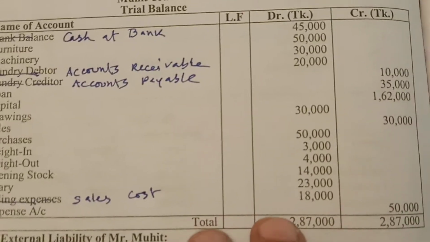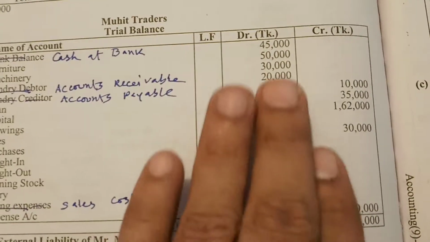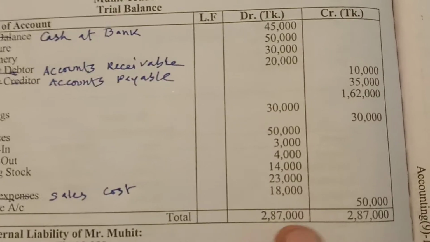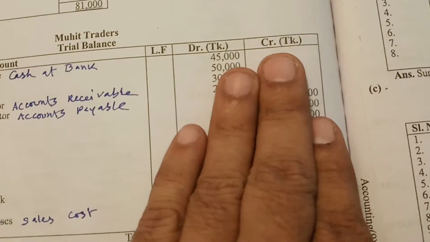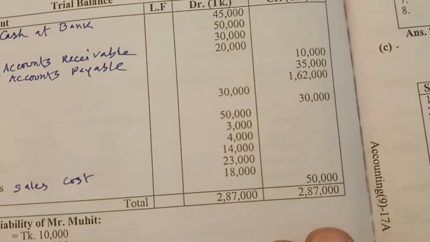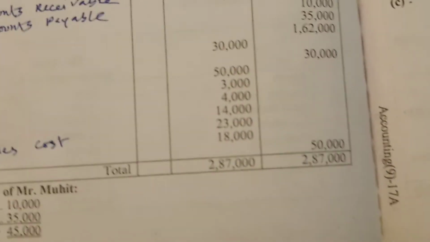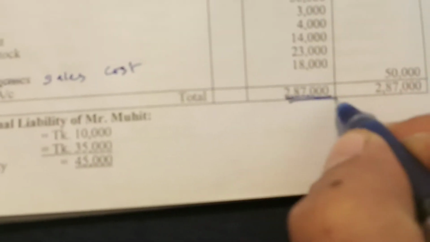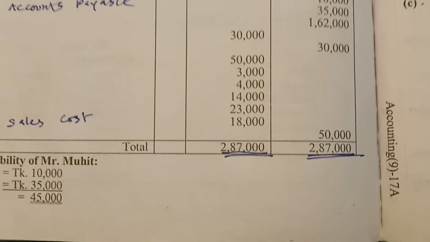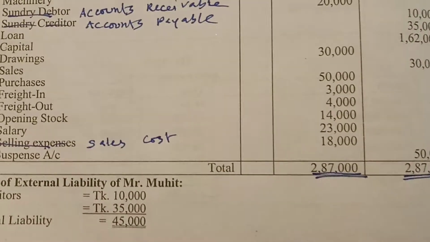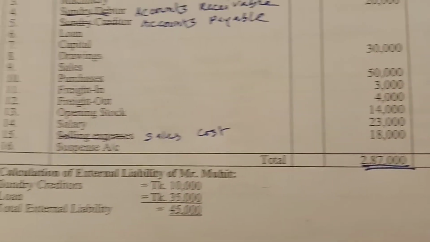Now I think no more necessary correction is needed, and when we calculate the debit column it becomes 287,000, and when we calculate the credit column it's 287,000, so both are the same. When you are done with this kind of maths, you need to close it with this kind of closing mark, otherwise your trial balance will still be wrong.